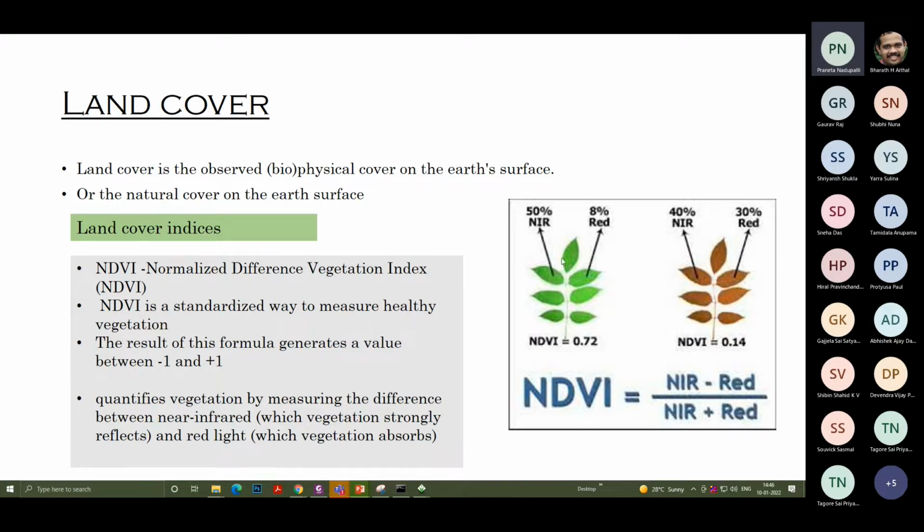Since it uses NIR and red, and we know that vegetation has maximum reflectance in the NIR region, the difference is used to develop this NDVI formula. It quantifies vegetation by measuring the difference between the near infrared, which vegetation strongly reflects, and the red light, which vegetation almost absorbs.